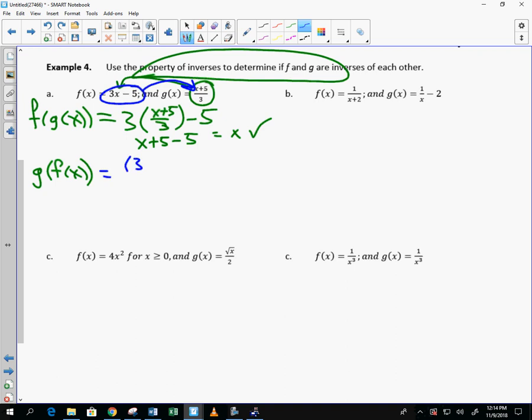So parentheses, 3x minus 5, then what? Plus 5, then what? Divide by 3. Well, 3x minus 5 plus 5 gives me 3x. Divide that by 3, and I get x. Hey! I like that.